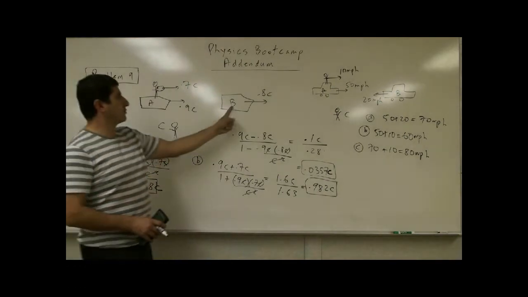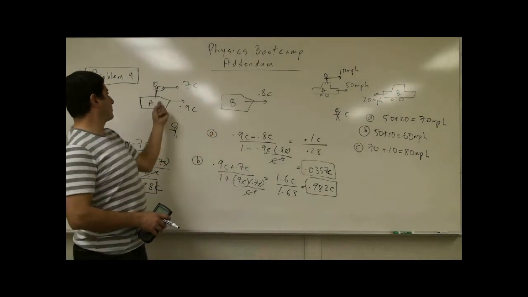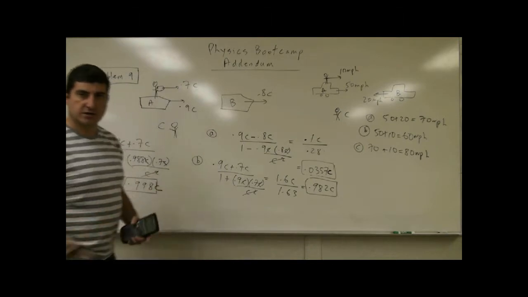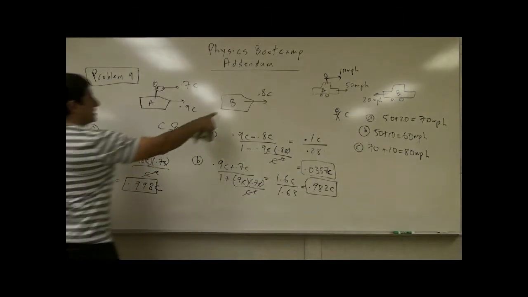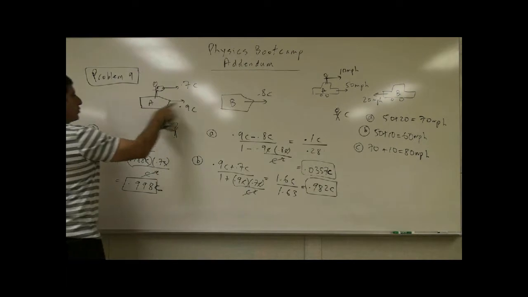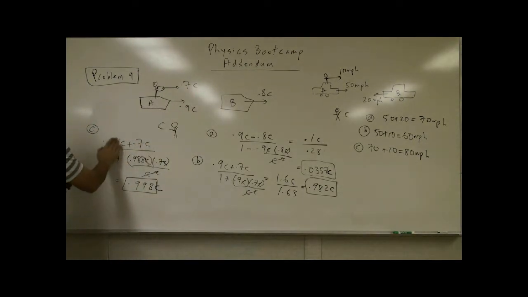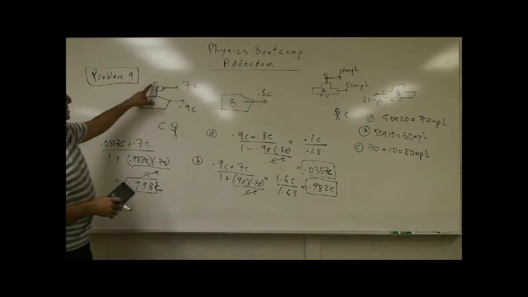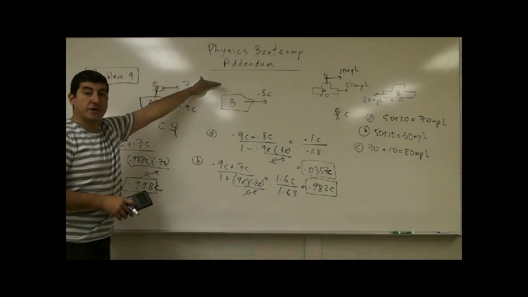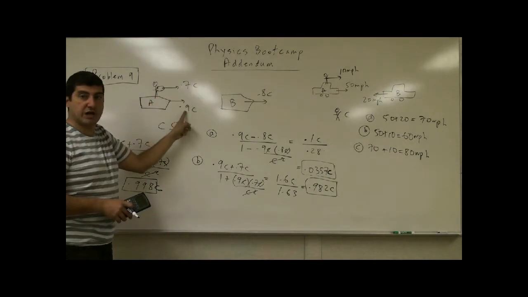Okay, how about this person? What will they think this person is throwing it at? Right? How would that change? Well, this person thinks that this is approaching it at 0.0357c, right? And since this person is sitting on top of it, he's throwing the object in the same direction that he's traveling.